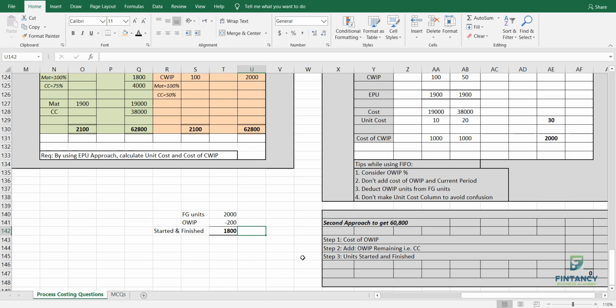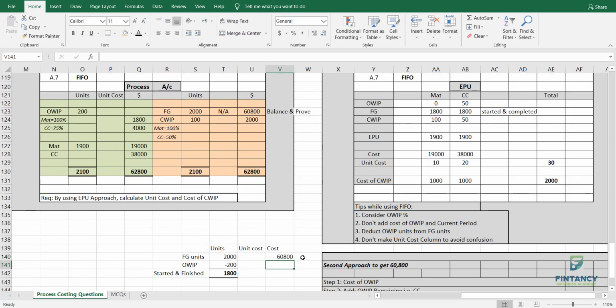Got it, everyone? So if I need to know, see, these are units. And how much is cost? Let me write like this. How much is unit cost? And how much is total cost? So I got to know from my working that the cost of finished good units is how much? 60,800.